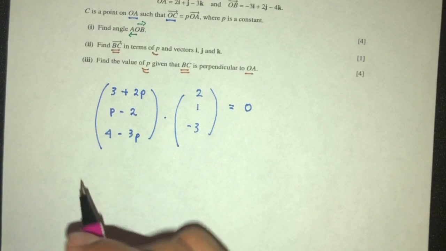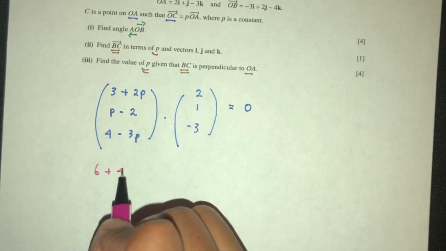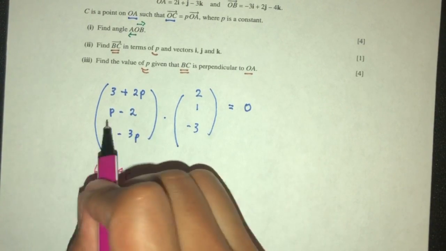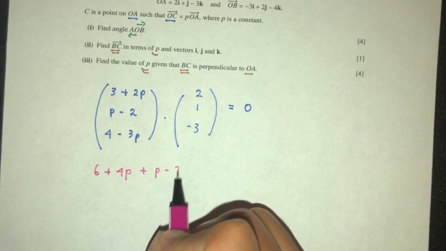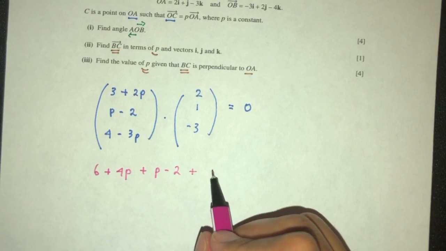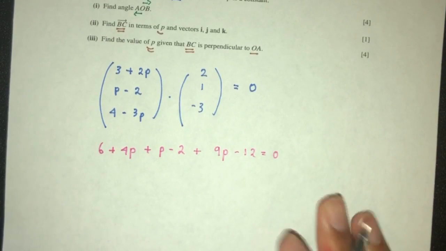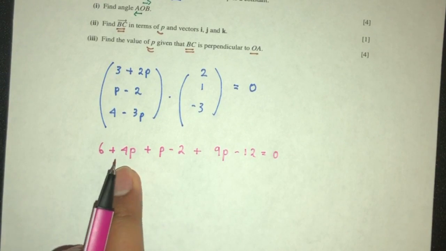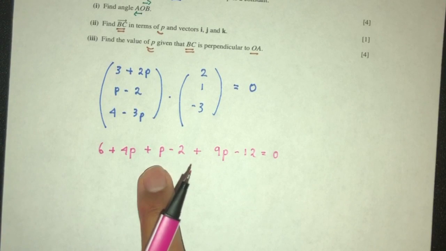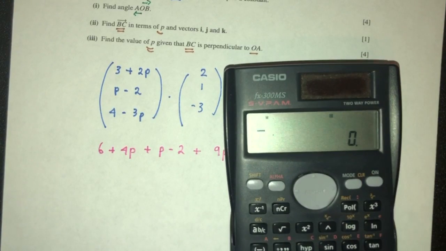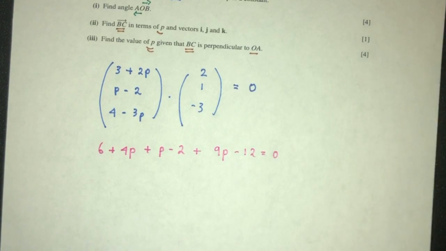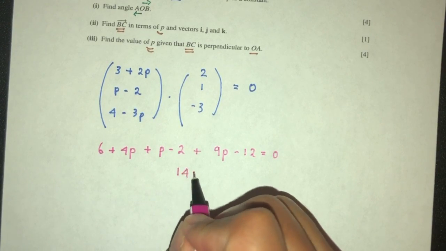So 2 times this will be 6 plus 4P. Plus 1 times P minus 2, plus that should be 9P minus 12, that should be 0. Simplify: 4P plus 1P plus 9P. So 4 plus 1 plus 9 should be 14. 14P.